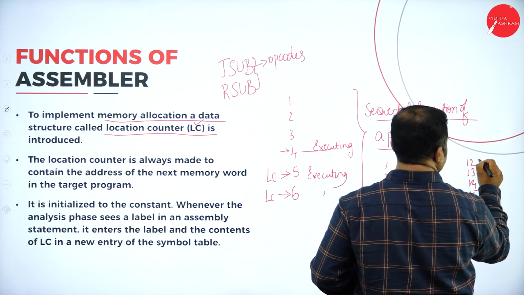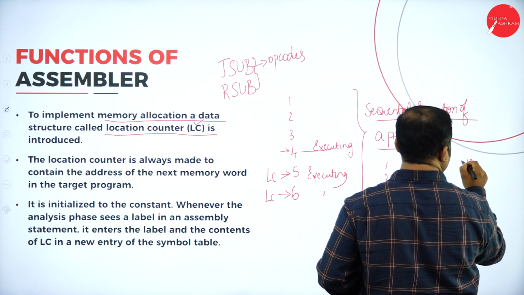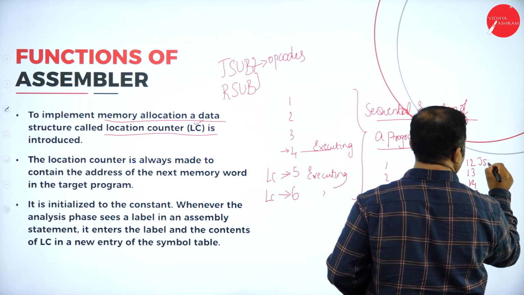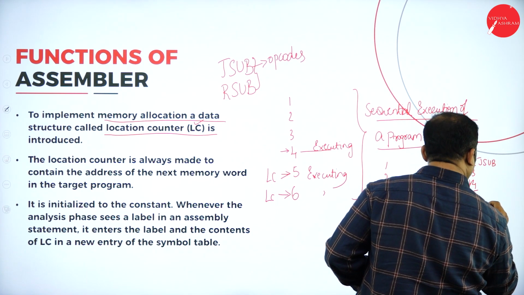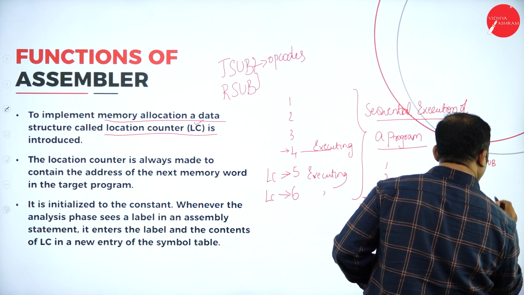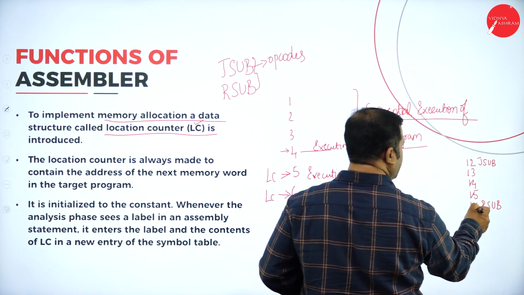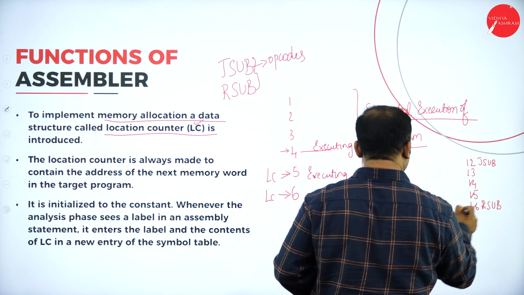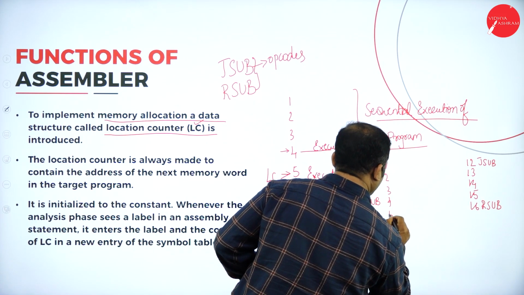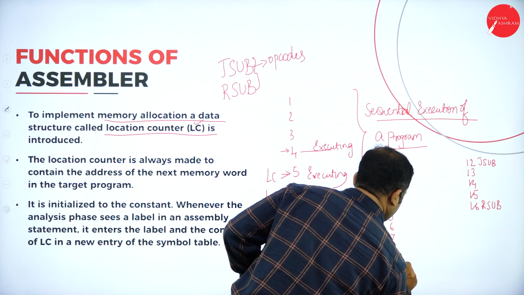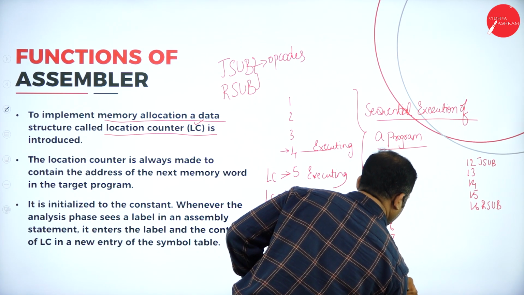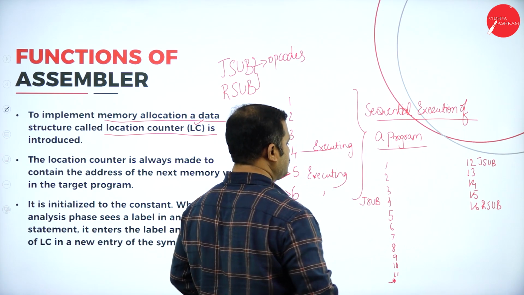This is called the JSUB function. What about the RSUB? RSUB indicates the return from here to here, that is to the 5th, 6th, 7th, 8th, 10th, 11th, and so on.